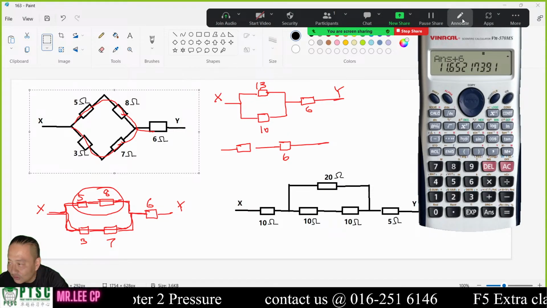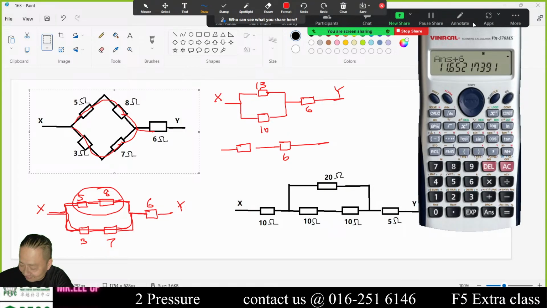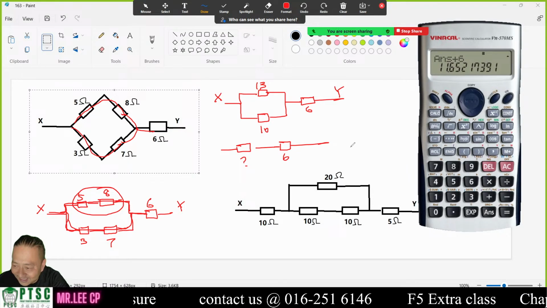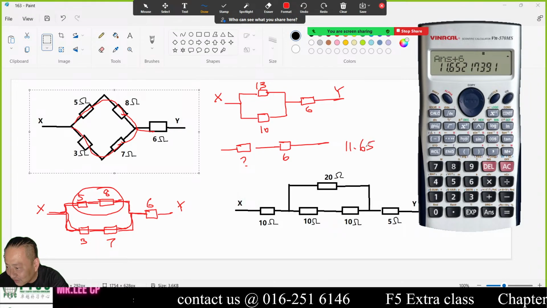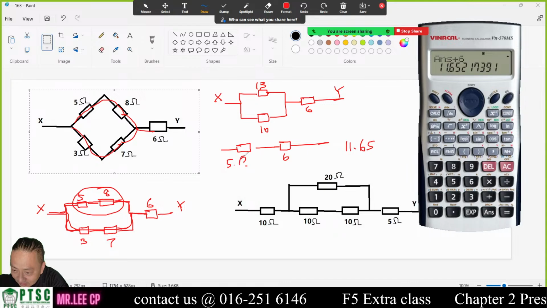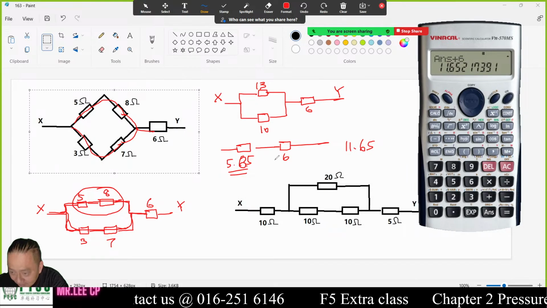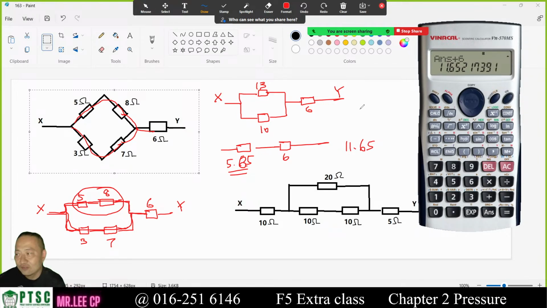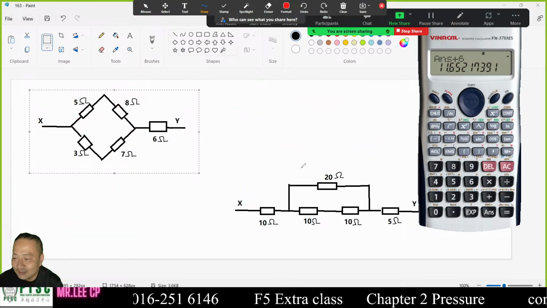Very good. What is this number? I forgot already, but the answer is 11.65. Oh, okay, minus 6, 5.65, plus 6 is 11.65. Very good. So try this one.